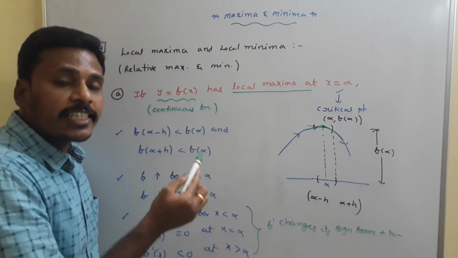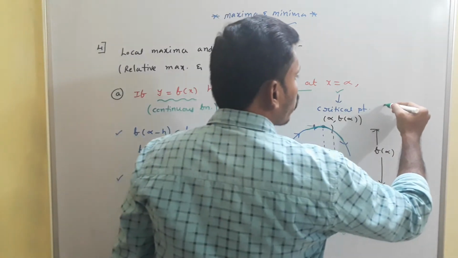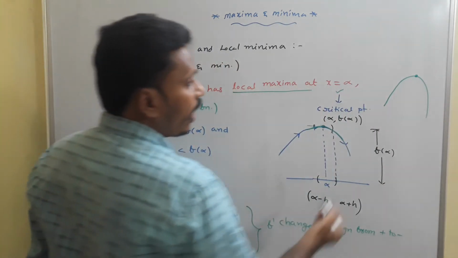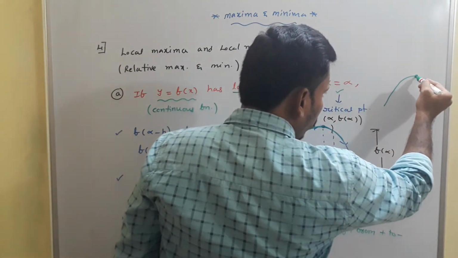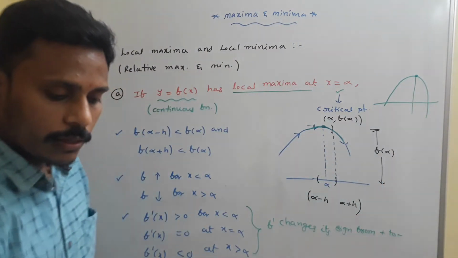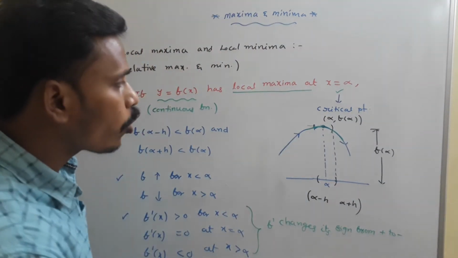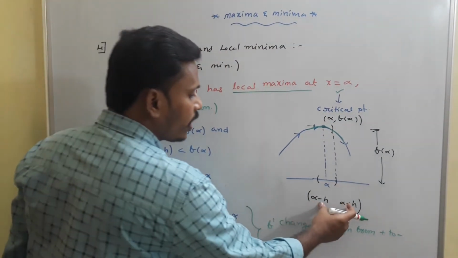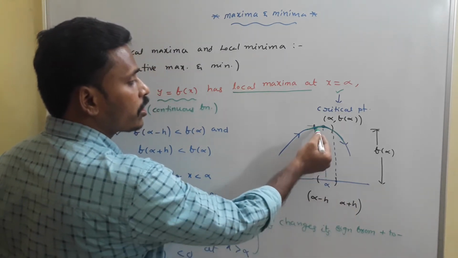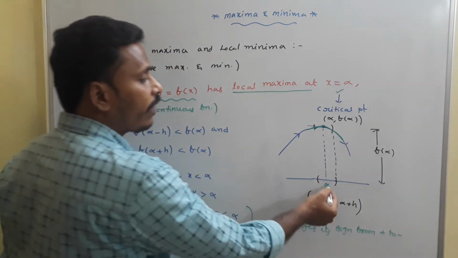If a function has local maxima at x equals alpha, as we discussed, this is the extreme peak, and for sure this height is maximum. When you start from the x-axis, this height is maximum. That's what I am mentioning here. So since local maxima at x equals alpha, you need to think in the neighborhood of alpha, alpha minus h to alpha plus h, and at alpha minus h the height is lesser, at alpha plus h again the height is lesser than f of alpha.